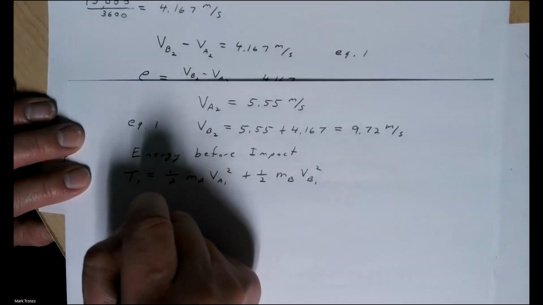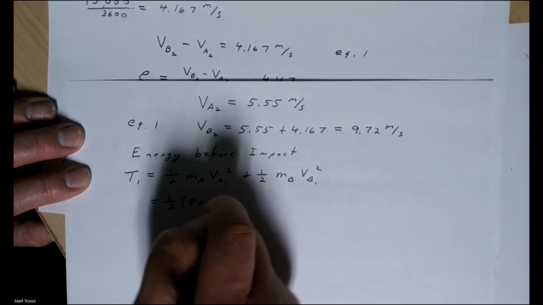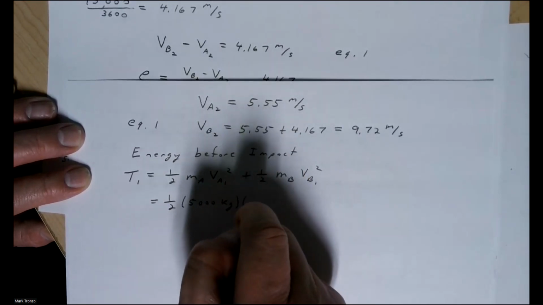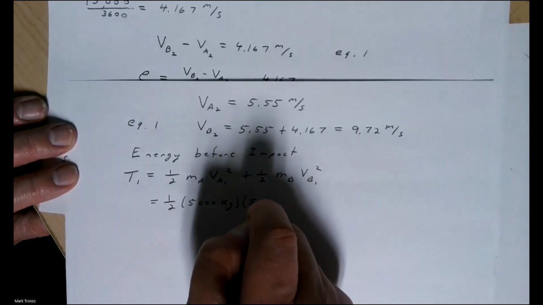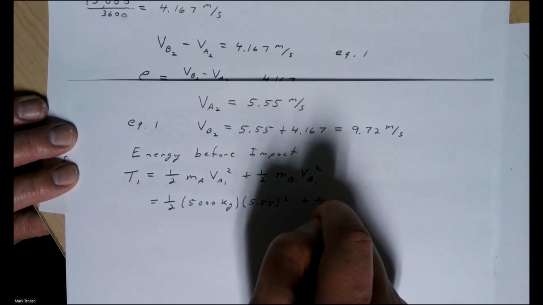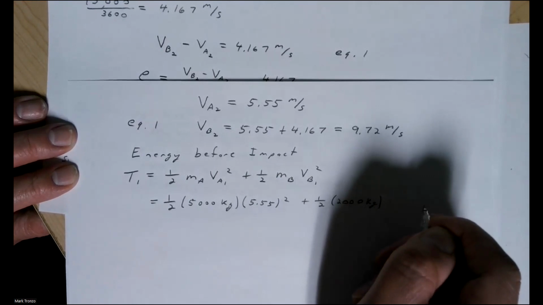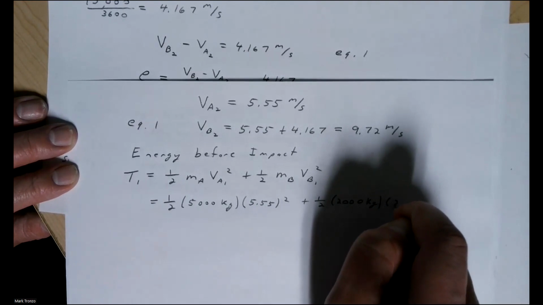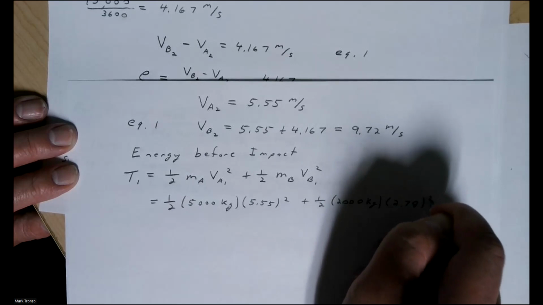So just the numbers before impact, of course, were 5,000 kilograms for the truck, and this velocity is 5.55 squared, plus 1/2 times 2,000 kilograms for the car, and again, before impact, 2.78 meters per second.